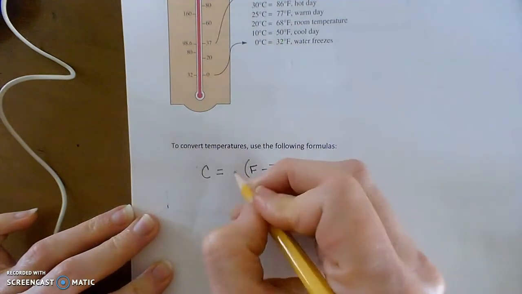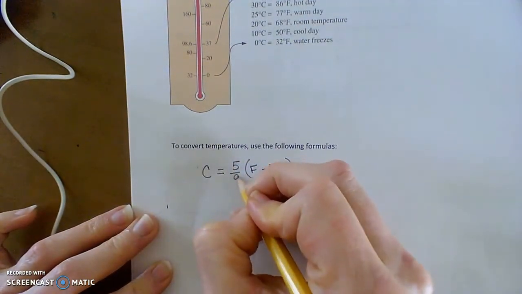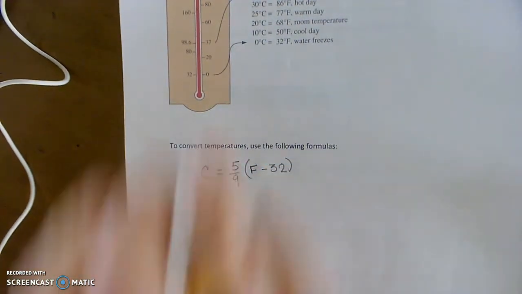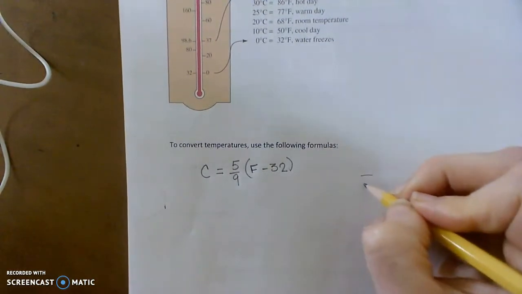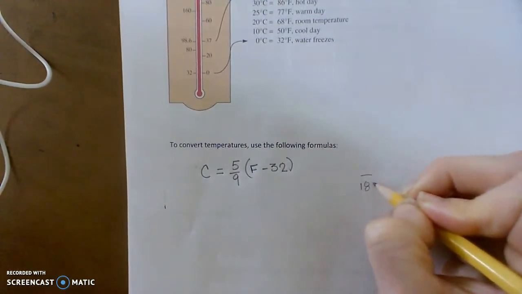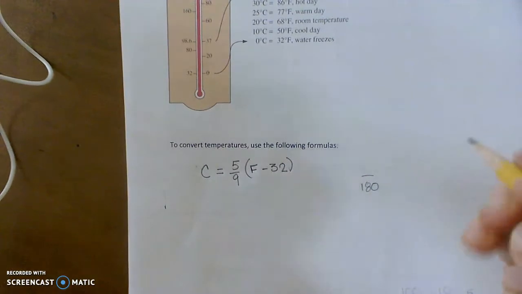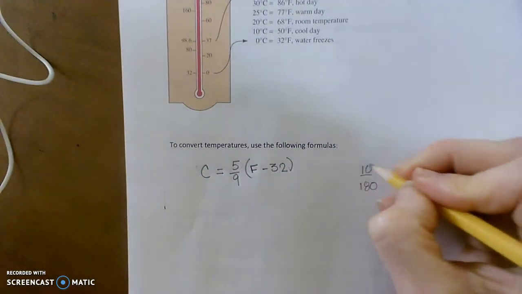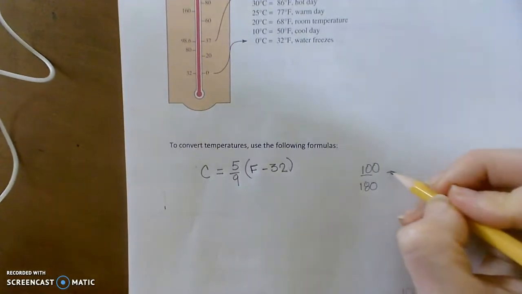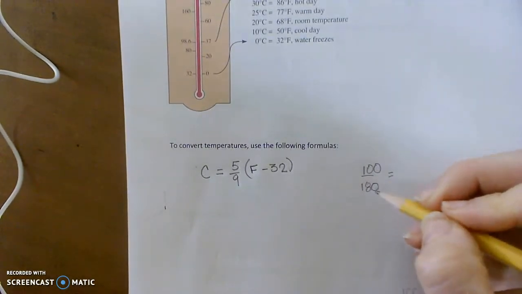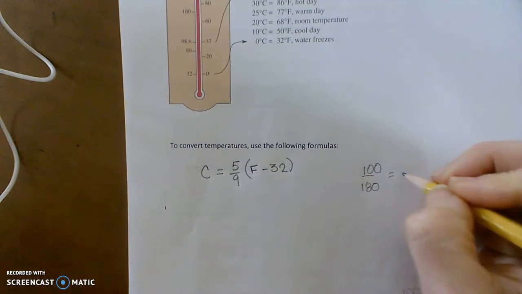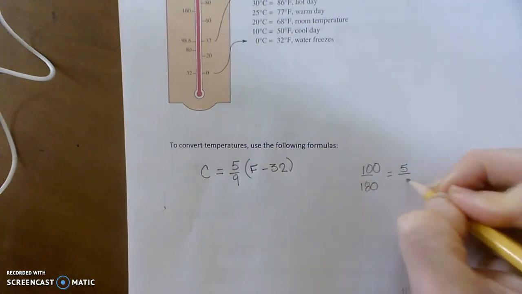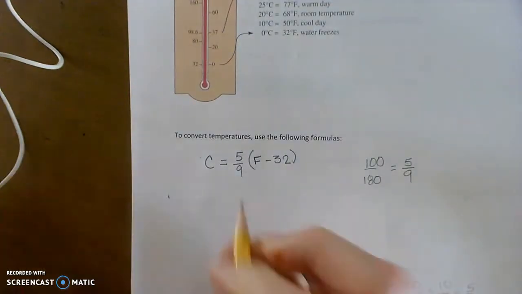And then you multiply by 5/9, which is really the ratio to go from Fahrenheit, which is 180 equal degrees, to Celsius, which has 100 equal degrees. So again, if you look at that ratio, 100 to 180, that does become 5/9.